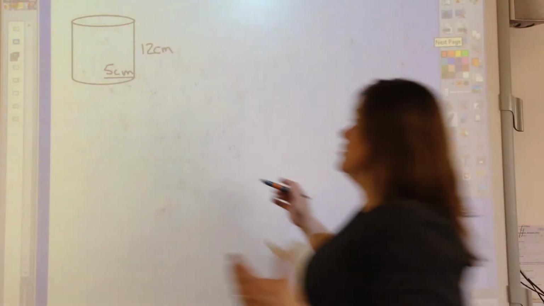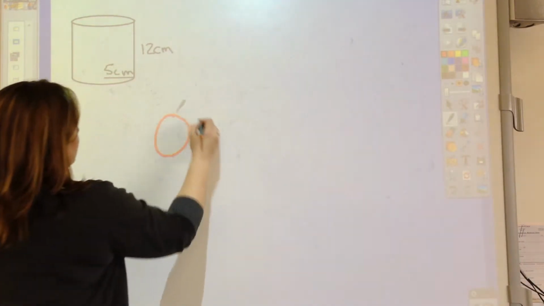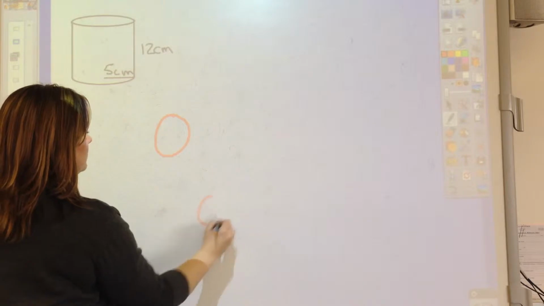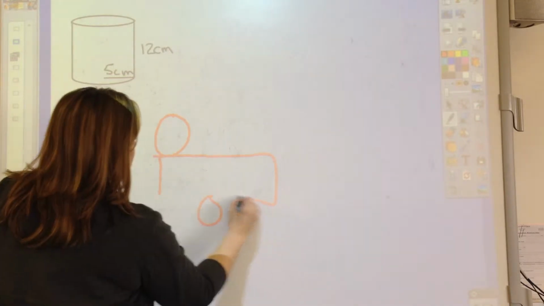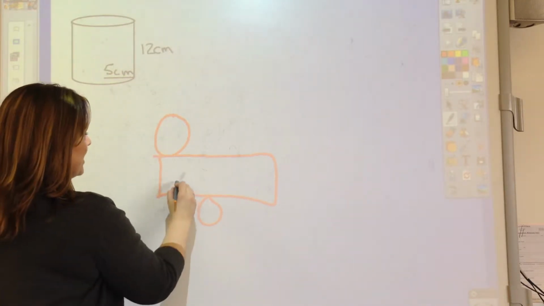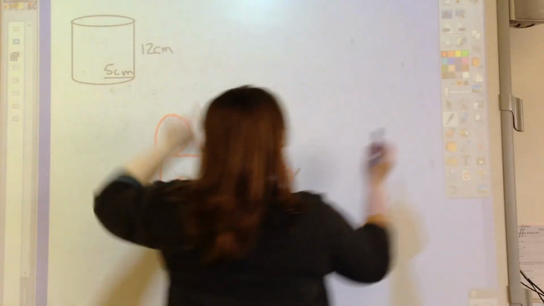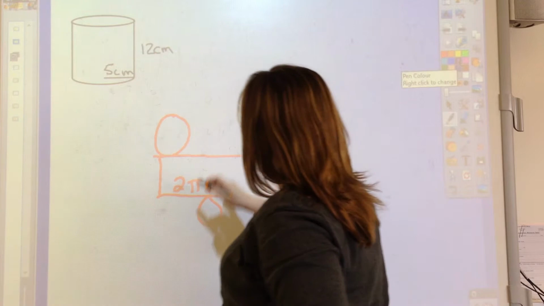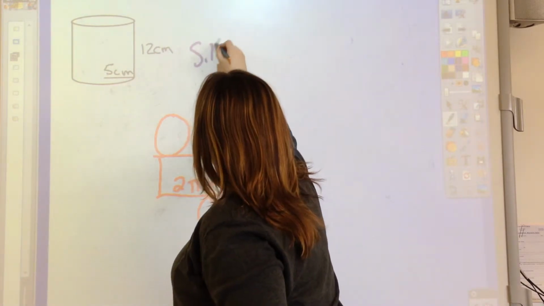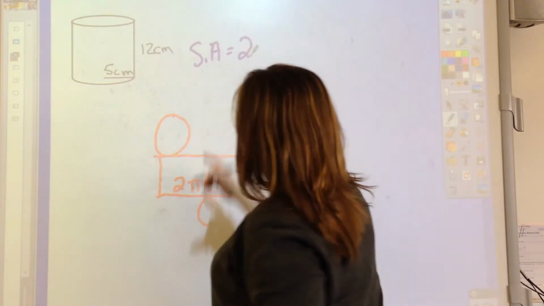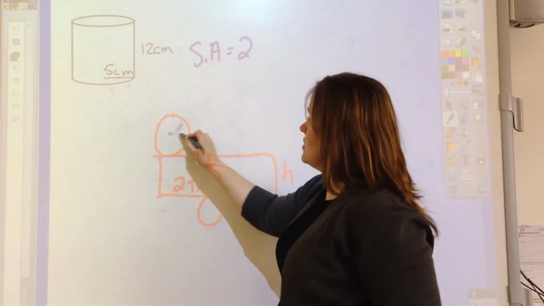All right, let's go ahead and do it. I've got two circles and a rectangle. Down here I had 2 pi r times height. And so if I write out my surface area, let's say we have two of these circles.